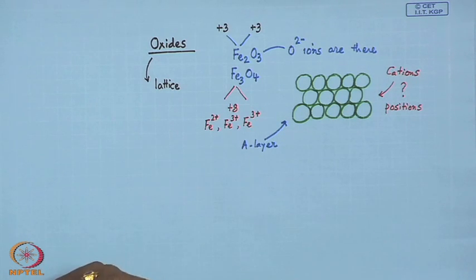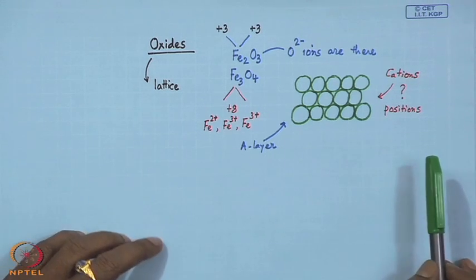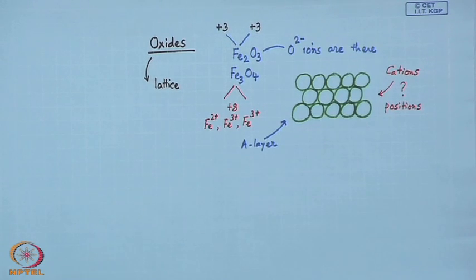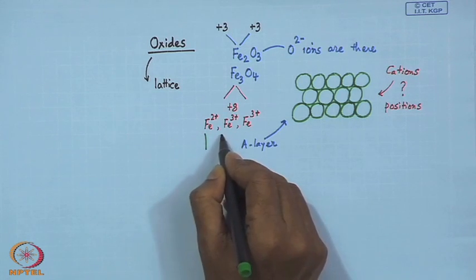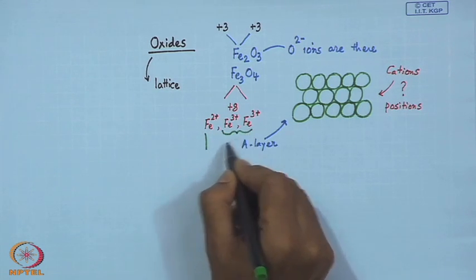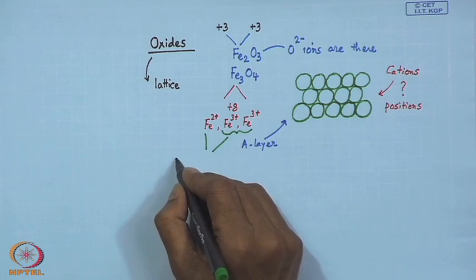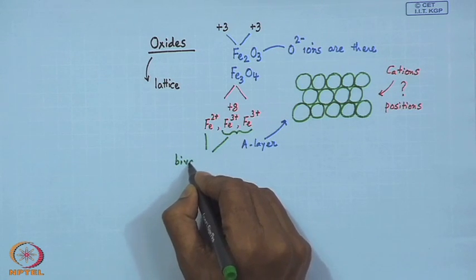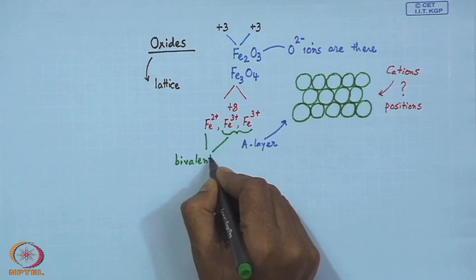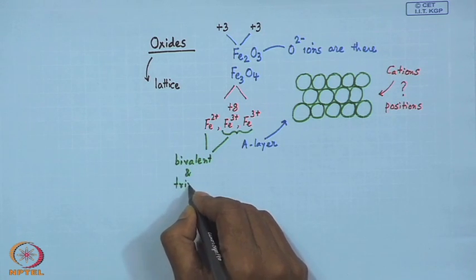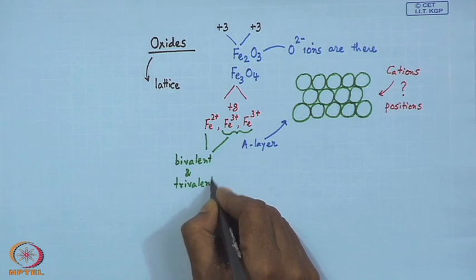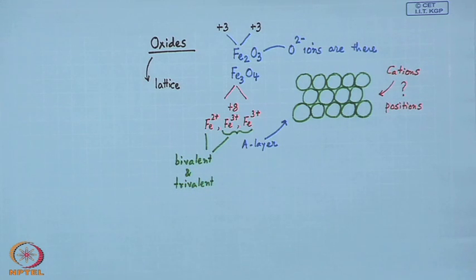So, by knowing the formula of these oxides, we come to know that we have the bivalent as well as trivalent cations.